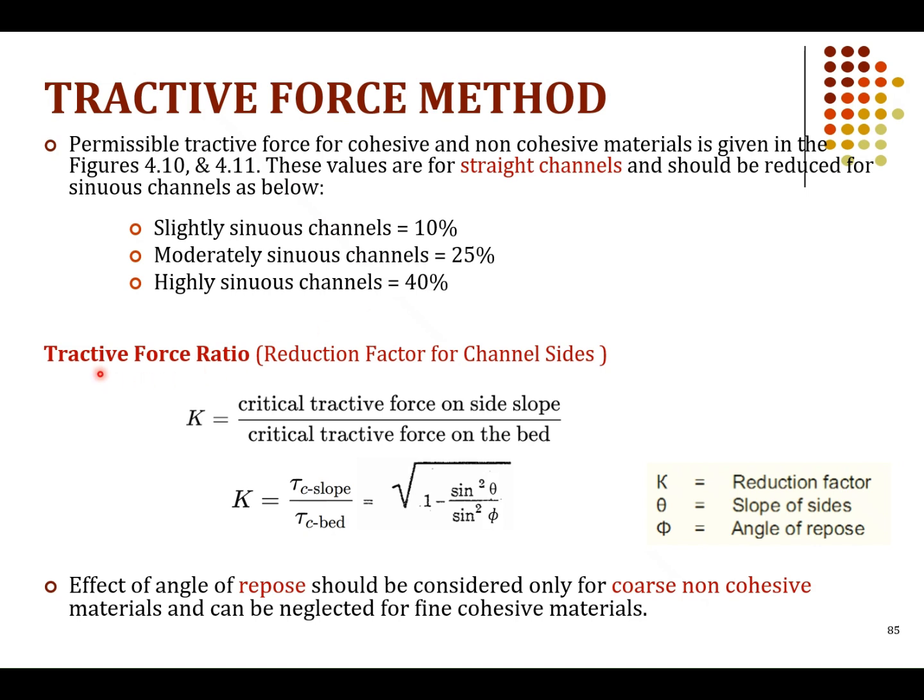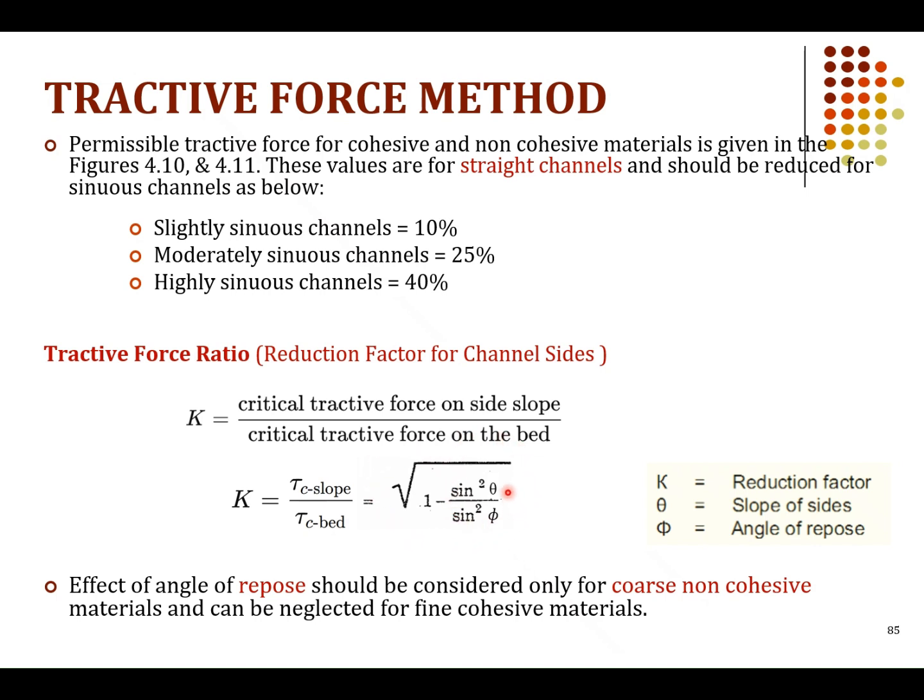Then the next thing is tractive force ratio, or a reduction factor for the channel sides. So tractive force ratio is basically a ratio between the critical tractive force on the sides to the critical tractive force on the bed. So tau C of slope over tau C of the bed. And we can find out using this formula.